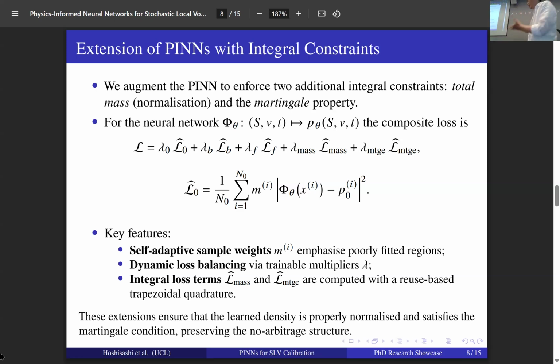So we are fitting the weighting for the poorly fitting regions. And we also introduce loss balancing so that each loss term is balanced.